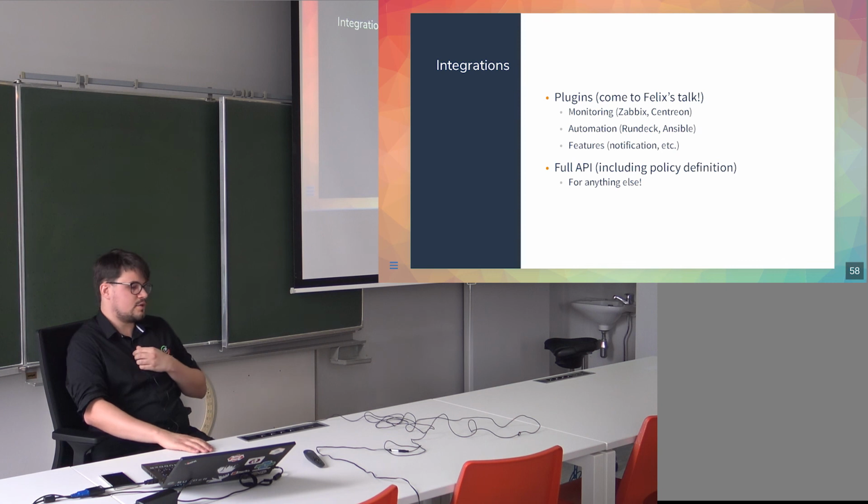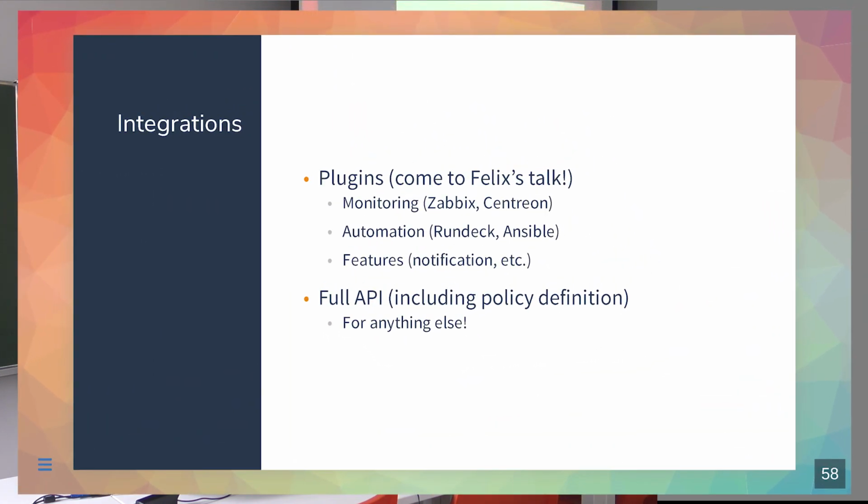We have a lot of integrations. We don't want to add too many different features to Rudder. We want to focus on what we do best, so configuration management, configuration auditing, and reporting and compliance. For example, for monitoring integration or integration with other automation tools that are more orchestration oriented, like Rundeck or maybe Ansible, we provide integrations that allow sharing information between Rudder and these tools using Rudder's API.